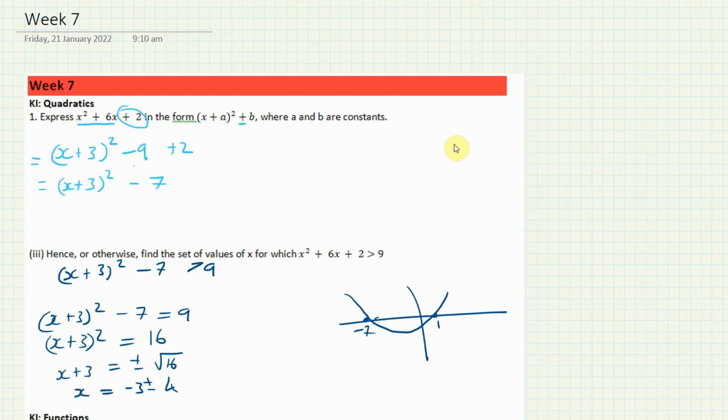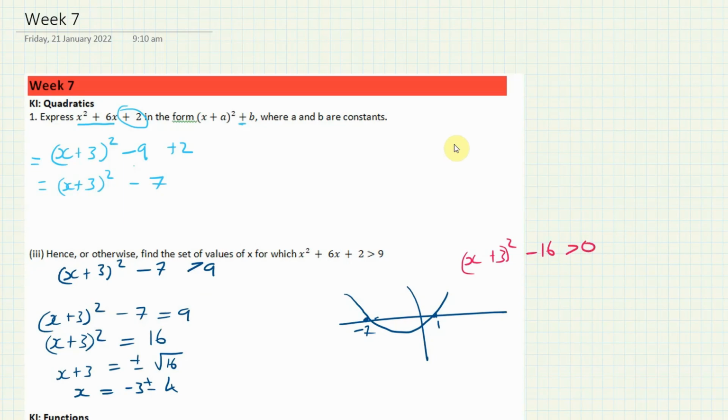And we want where it's greater than 0, so what I've done is I took that across to the other side, didn't I, to make it, well, let me just explain. I'm rushing ahead, trying to get this video done. Okay, I could go x plus 3 all squared, and then I bring the 9 across, so I make it minus 16 is greater than 0.